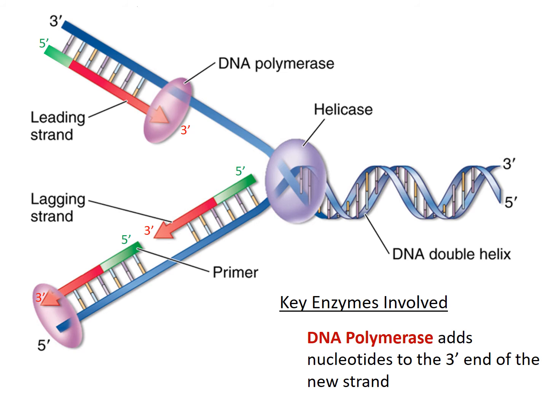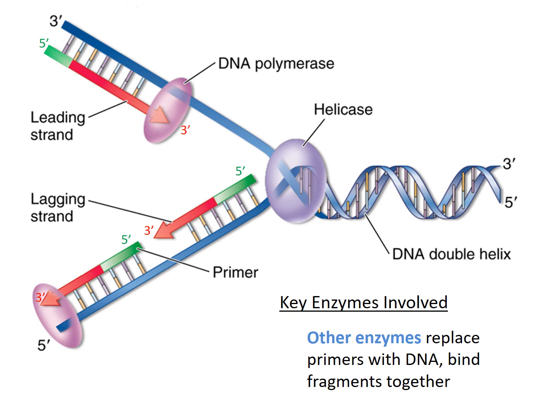That's important. DNA polymerase adds nucleotides to the 3' end of the new strands. And then other enzymes like DNA ligase come in to replace those RNA primers with DNA nucleotide bases and bind the lagging strand fragments together.